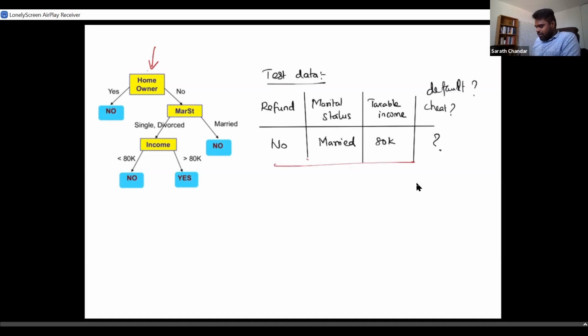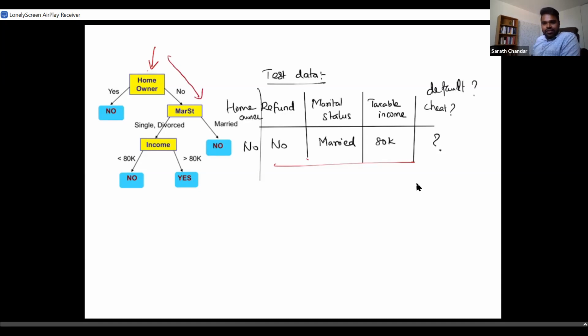I think I copied a wrong tree here, so let's add another feature, which is homeowner, and let's say the answer is no here. Now I check from the root node: homeowner is no, so I go this route.